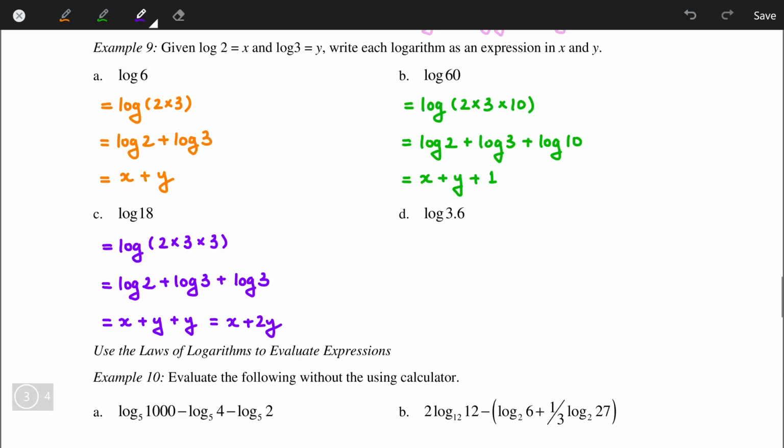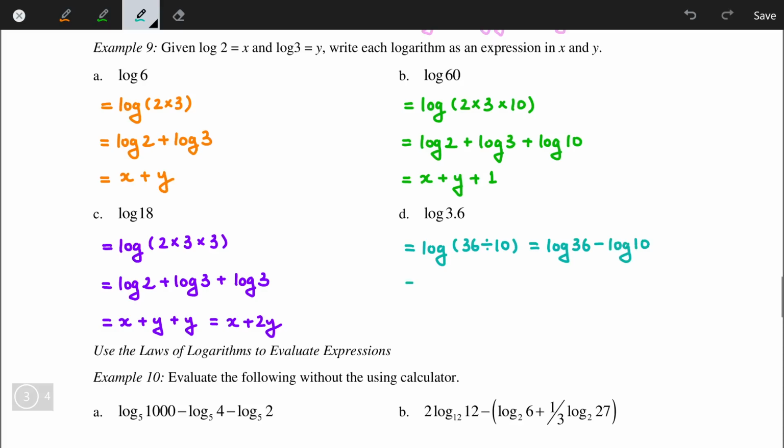And finally, the last example of this type, log 3.6. So we can rewrite 3.6 as 36 divided by 10. So that will give us log 36 minus log 10 using the quotient rule.